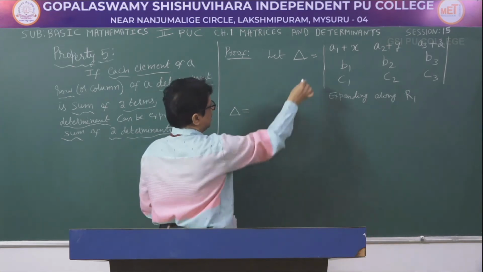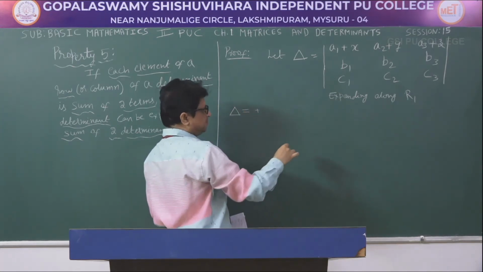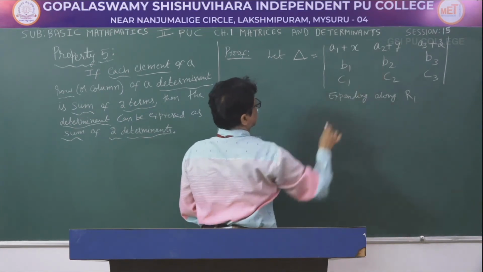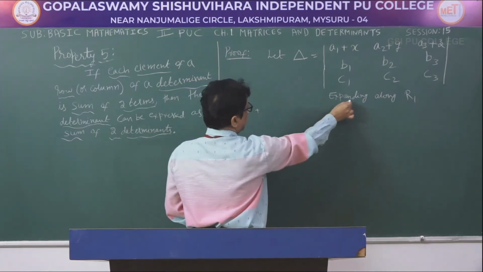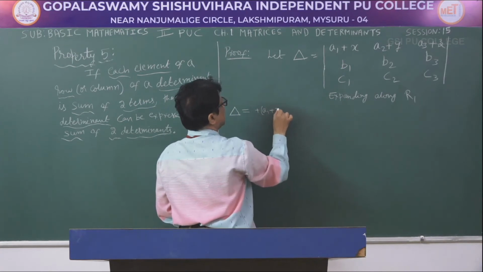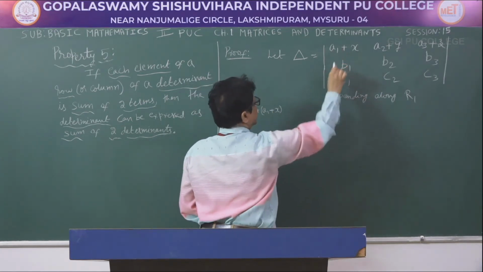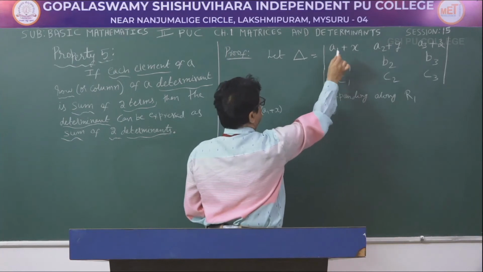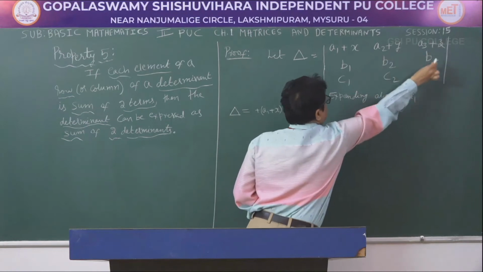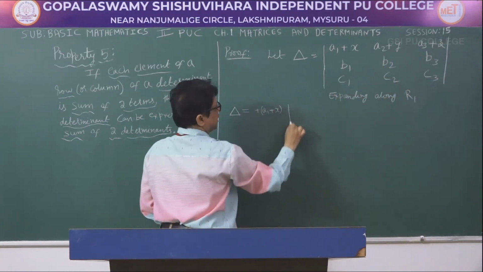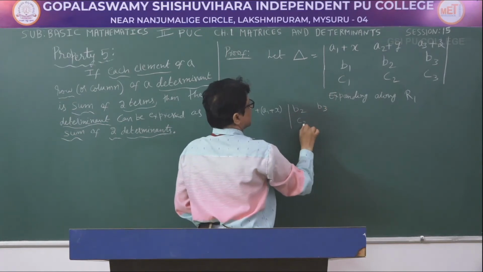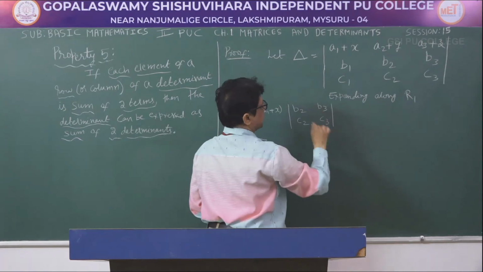Delta equals, first we write plus. R1 elements are a1 plus x, a2 plus y, a3 plus z. So, we are expanding along R1. The first element of R1 is a1 plus x, which lies in the first row and first column. We eliminate the first row and first column and take the determinant of the remaining elements, that is determinant of b2, b3, c2, c3.